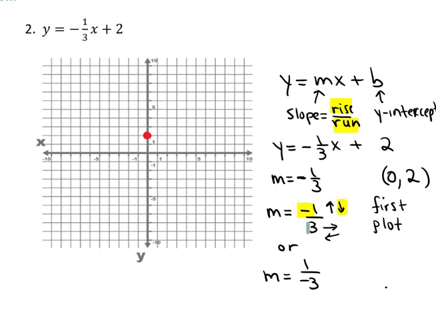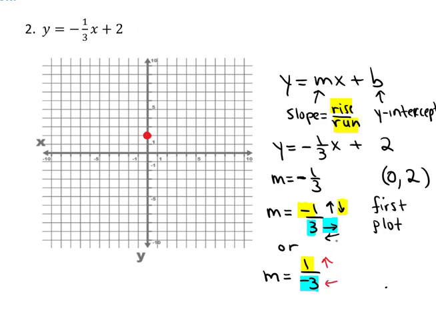And we defined the 3 to be positive, so that would be to the right. But if you use the second way that we defined it, since the 1 is positive, the rise would be upward. And then since we defined the run as negative 3, then we would have to count to the left.